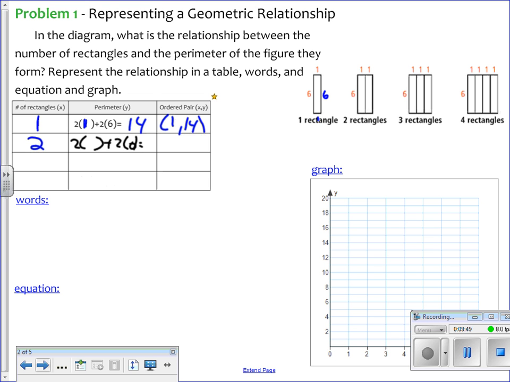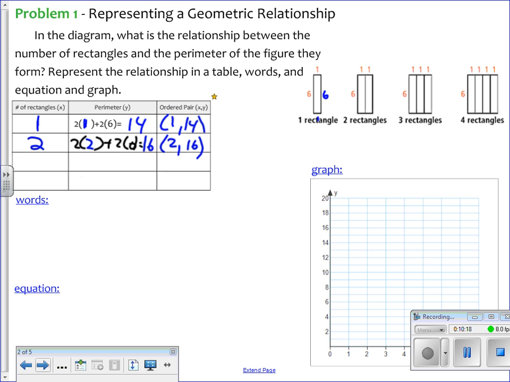In this case, my number of rectangles is 2, plus 2 times 6. 2 times 2 is 4. 2 times 6 is 12. 4 plus 12 is 16. So my XY coordinates, 2, 16.